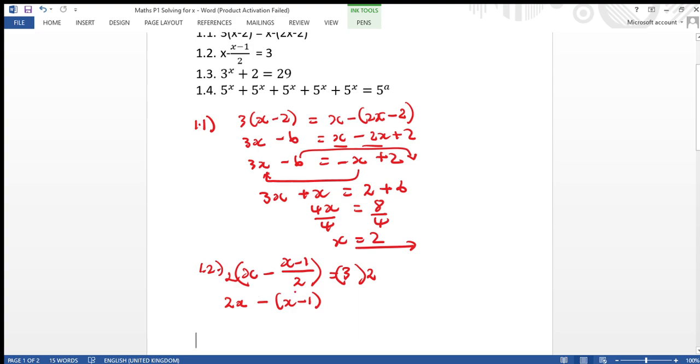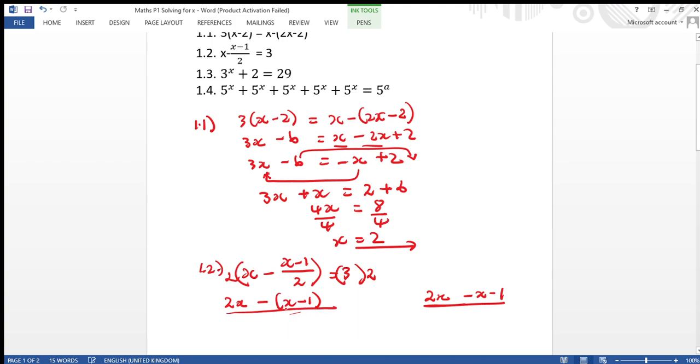Don't do this, where you're going to have 2x, and then you're going to say, okay, after 2 and 2 are dividing each other, then we're going to have something like this. You see, this is not the same as this.